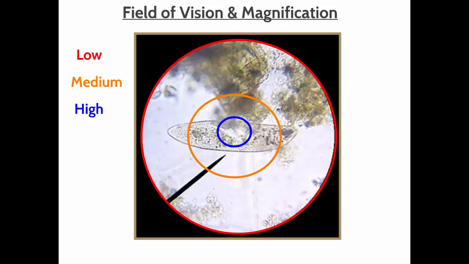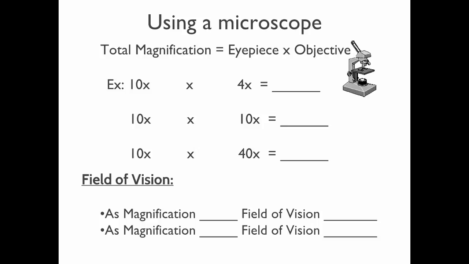Emily? Maybe 7. If from here to here is 10, that might be 7 or 6. You can start to estimate once you know those dimensions. Tomorrow we'll be measuring what our low, medium, and high field of view are.